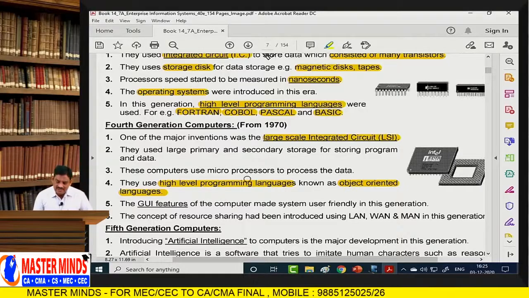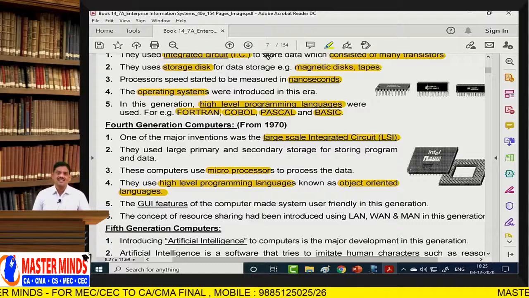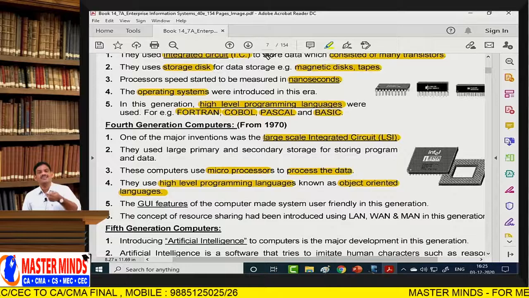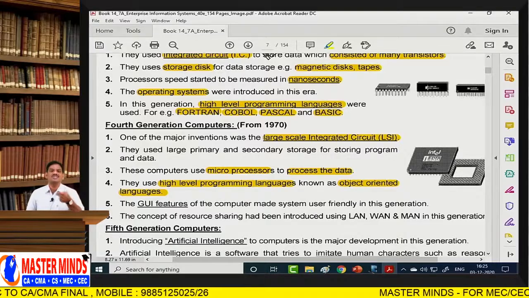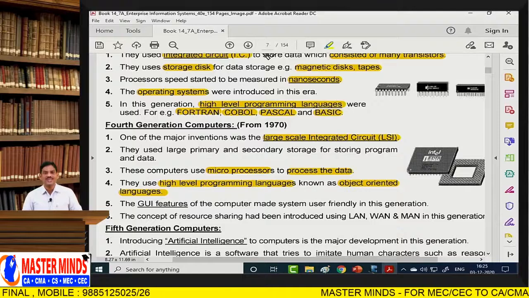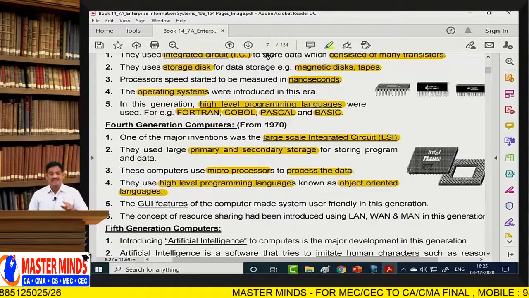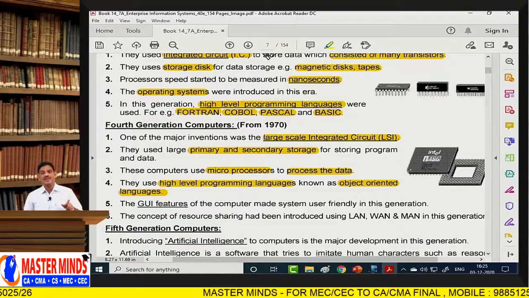These computers use a microprocessor. A microprocessor is nothing but an LSI to process the data, or CPU. A CPU on a single circuit is said to be a microprocessor. They have a primary memory and secondary memory for storing the programs and data.